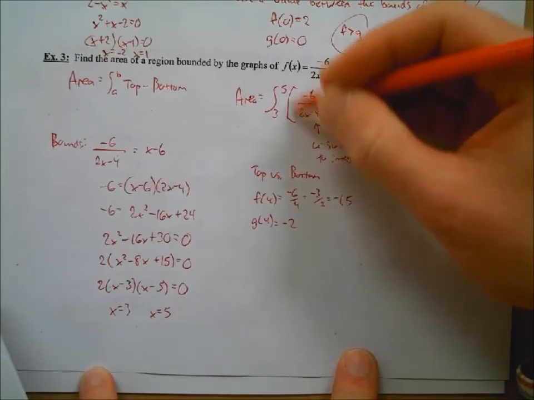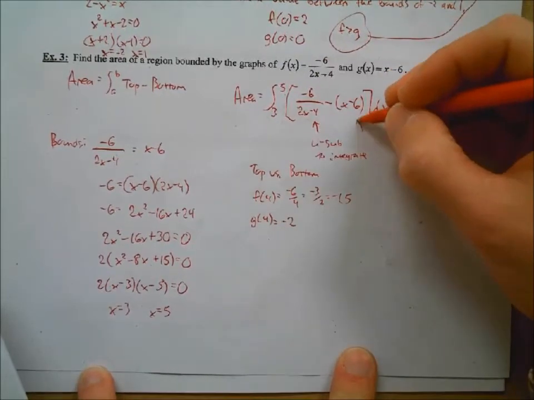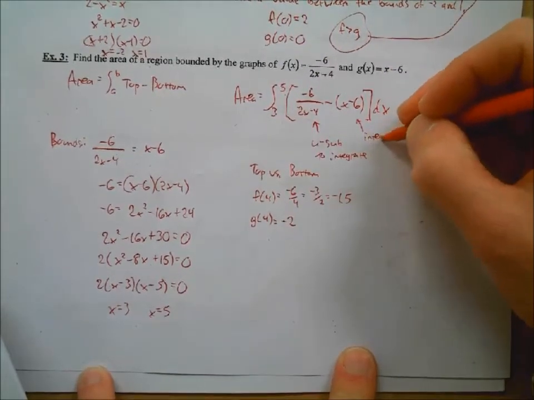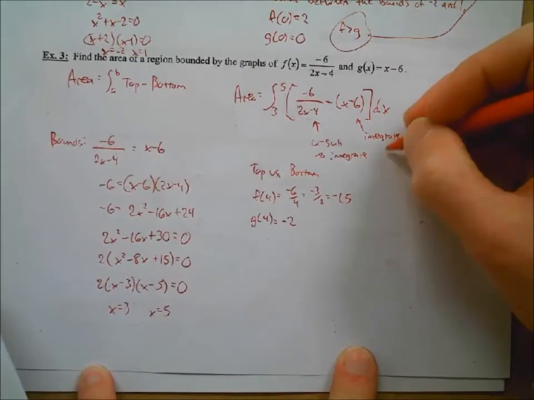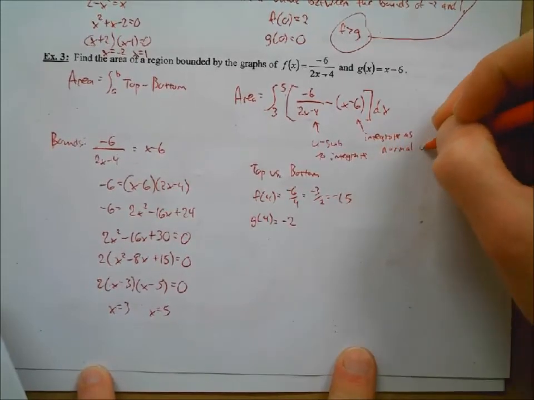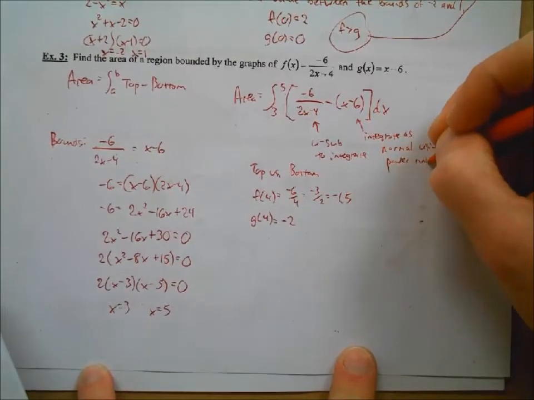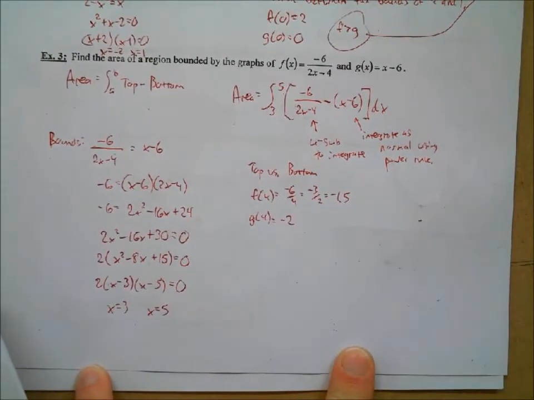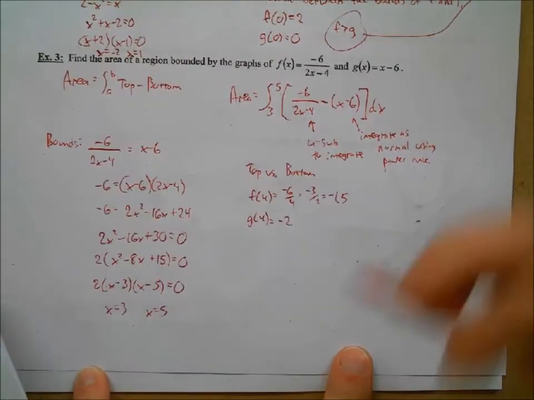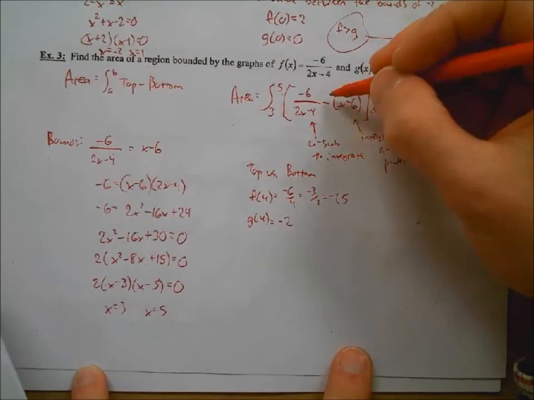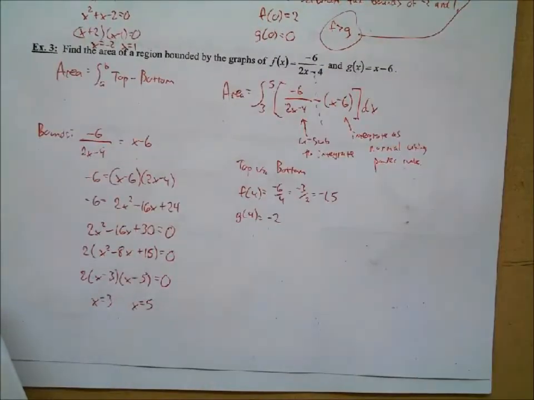Integrate this using a U substitution and integrate this as normal, using the power rule. Split up the integral there and integrate those separately: one using a U substitution, one using your normal power rule.